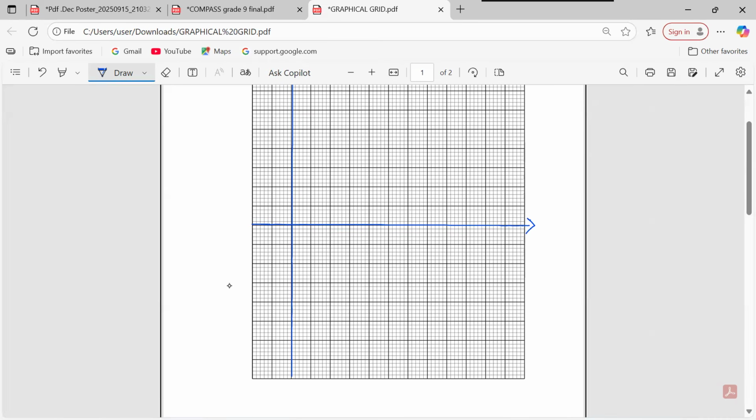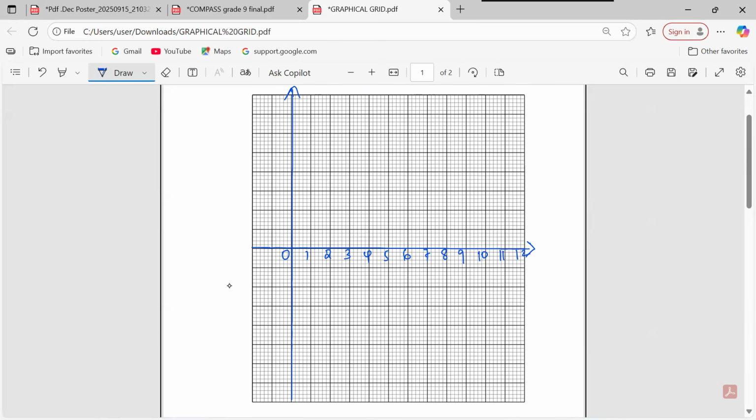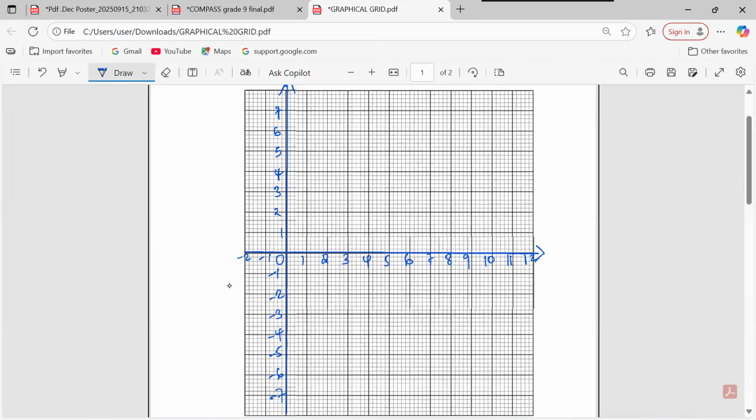We can have 1, 2, 3, 4, 5, 6, 7, 8, 9, 10, 11, 12. We have -1, -2, then 1, 2, 3, 4, 5, 6, 7, and -1, -2, -3, -4, -5, -6, -7, like that.